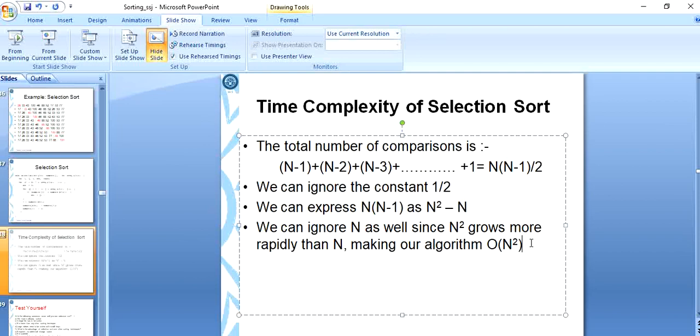So the important thing is that if in a question paper you are asked to sort the following elements in ascending order using selection sort technique, then you have to solve that example, or sort the elements, by using selection sort only.